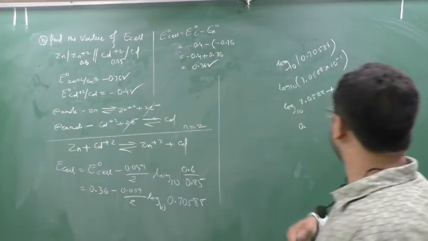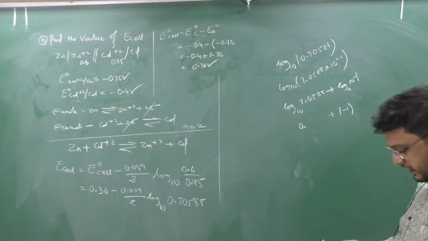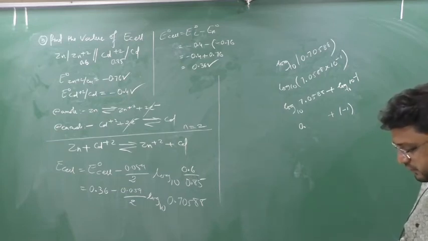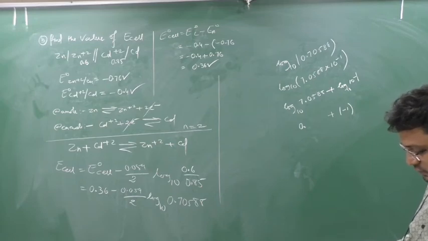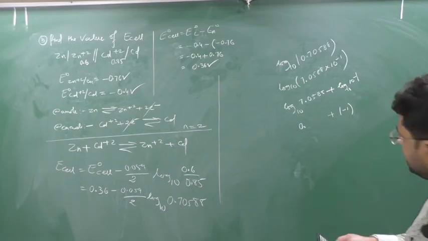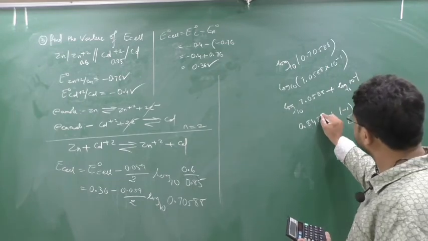So now I am doing it here itself in my calculator, you can see it from the log book. 7.0588, 15 times roots, 1, 2, 3, 4, 5, 6, 7. 0.8487.